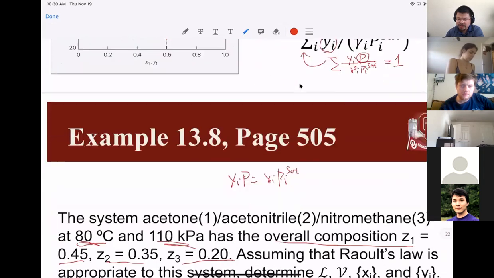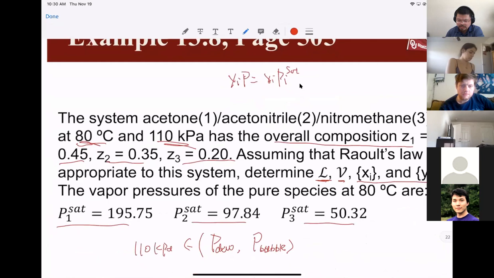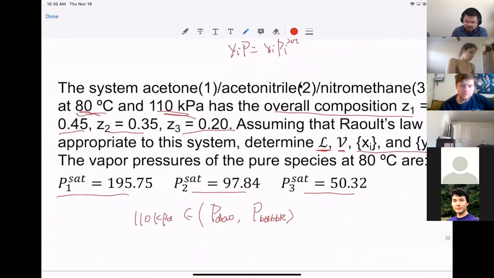So that's the other thing I want to quickly share with you. So you see that the zi is what?